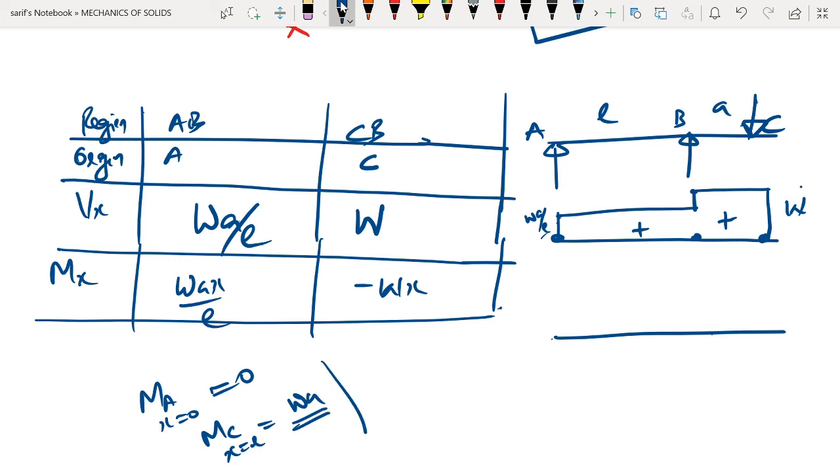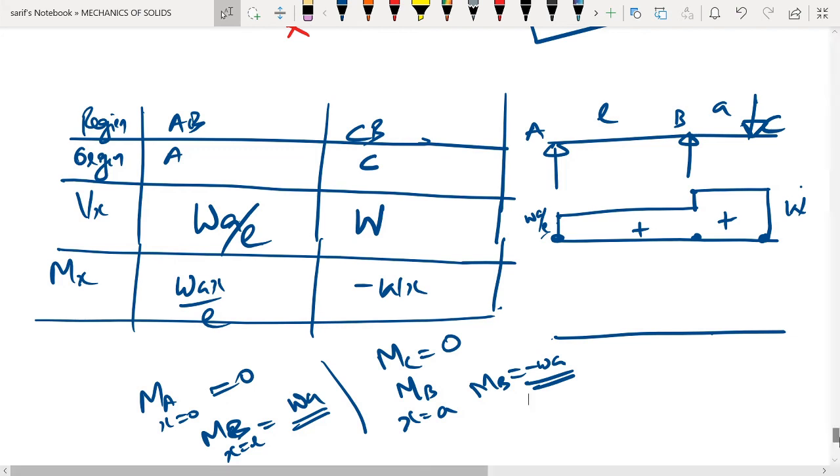If we consider from the other side, at the point C the bending moment is 0, and at the point B, x is equal to A. If we substitute, we will get MB as minus WA.